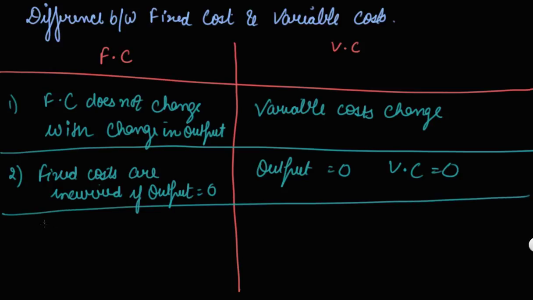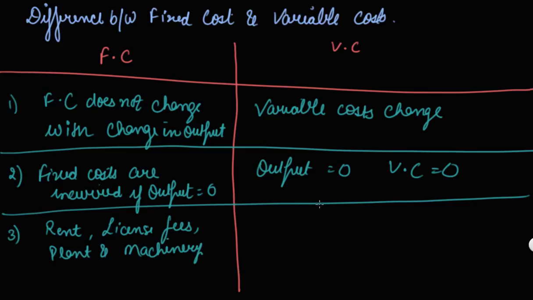The third thing we can have is we can give the examples. That is, your fixed cost can be rent, your license fees, or the plant and machinery cost, right?